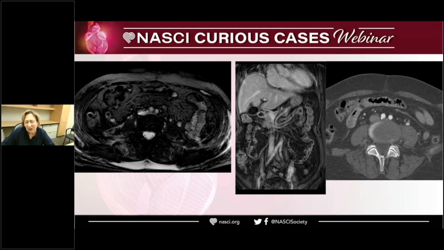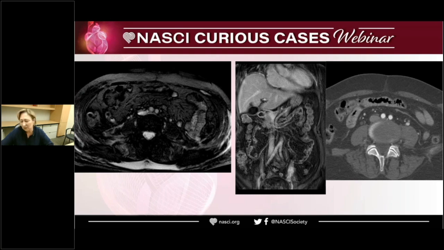On CT it's harder to see just because there's no opacification of the IVC, and in retrospect they're all much smaller than when we look at the study actually.